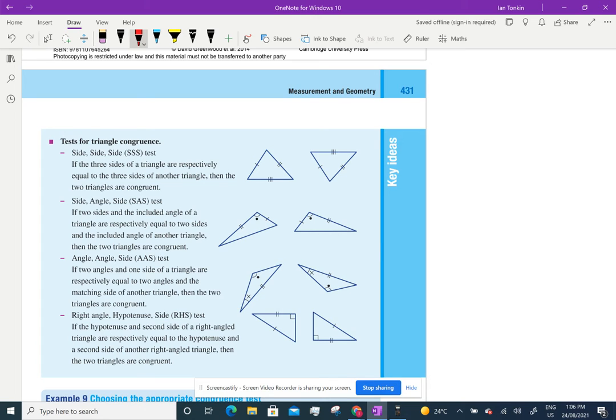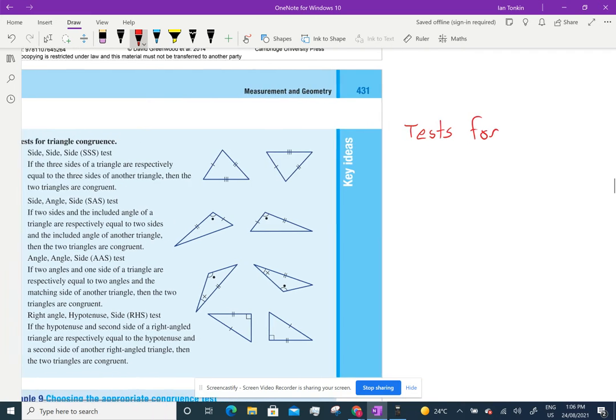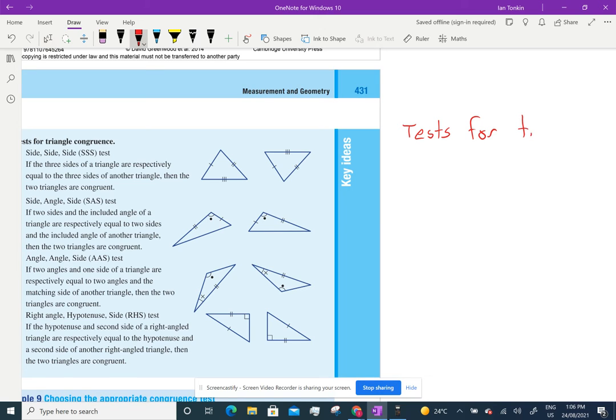So, I want you to make sure you write your notes here. The 4 tests for congruency, or triangle congruence. We're going to paraphrase these ones. The first one: side, side, side.